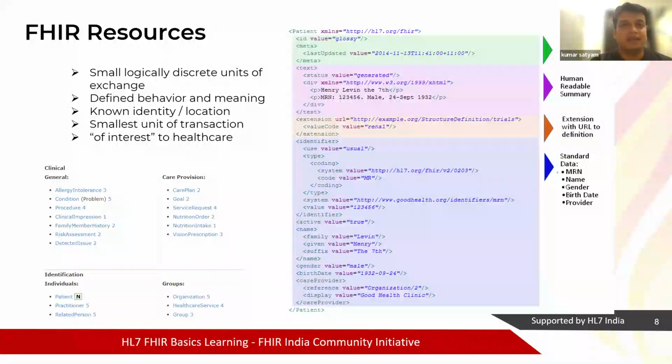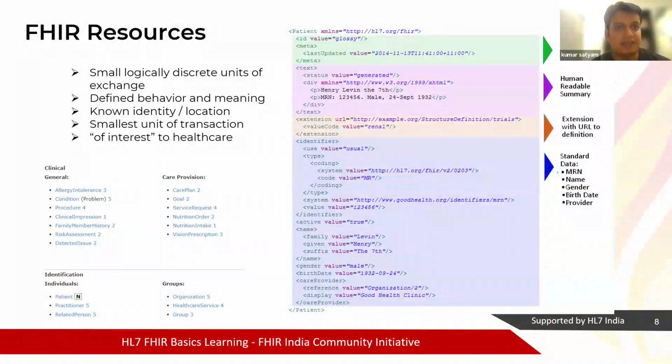We did talk about FHIR resources also in the sessions. A FHIR resource, as you know, is the smallest unit of exchange in FHIR, right? So whenever data exchange comes, resources are the smallest unit. Resources are logical, and they have a defined behavior and a meaning.